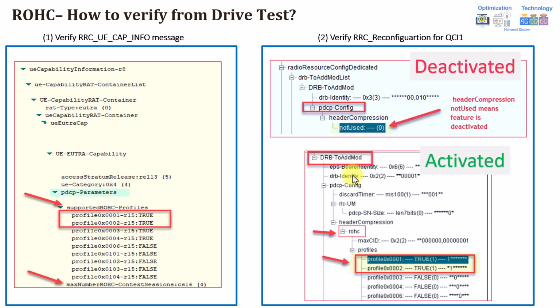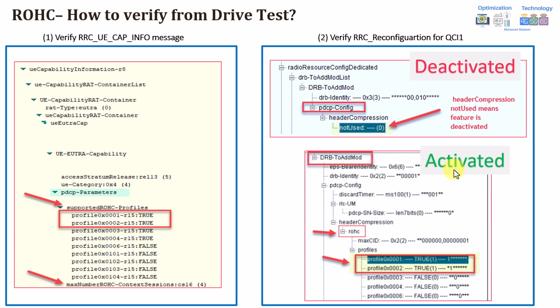And from the eNodeB side, during the ROHC configuration, when sending the RRC reconfiguration to configure the QCI 1 data radio bearer, it will send under the PDCP configuration, again ROHC in the PDCP layer. If it's not used, this means header compression is not being activated. The feature may be off, not working, or even the user is not supporting it.